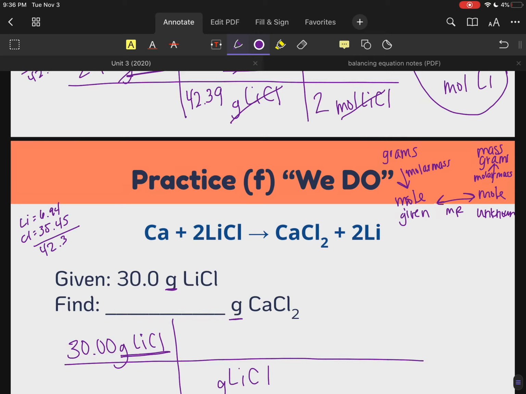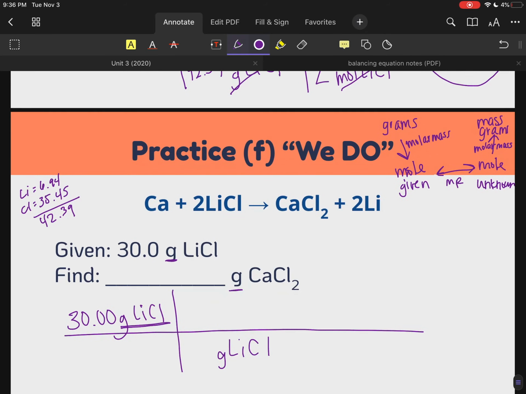So that equals 42.39. That's what we did earlier. Remember, molar mass is always equal to 1 mole. So I've canceled my grams. Now I have 1 mole. So now I'm right here, moles of given. I have to use my ratio to get to my unknown.